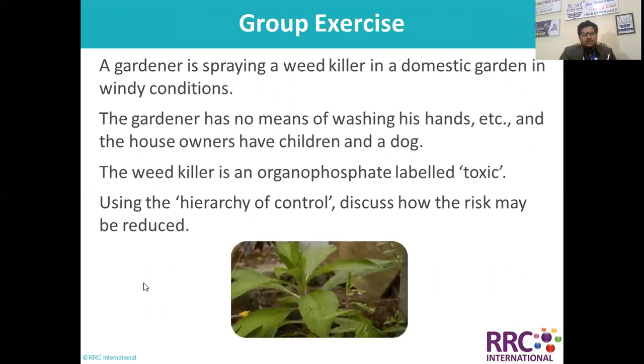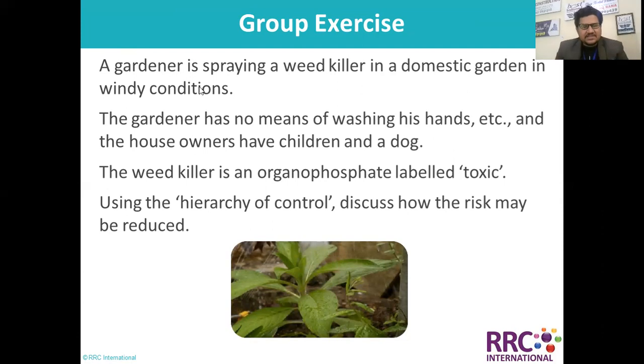We have a small group exercise. A gardener is spraying a weed killer in a domestic garden in windy conditions. The gardener has no means of washing his hands, and the house owners have children and a dog. The weed killer is an organophosphate labeled toxic. Using the hierarchy of control, discuss how the risk may be reduced.